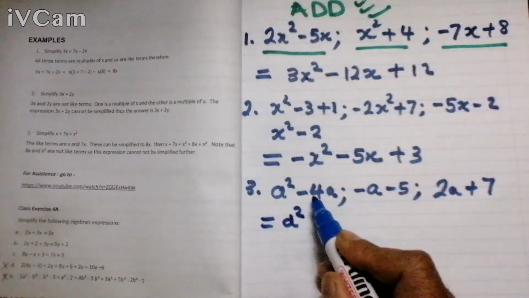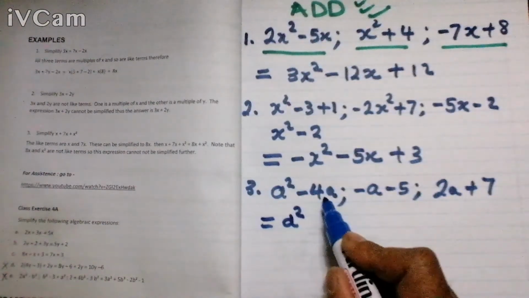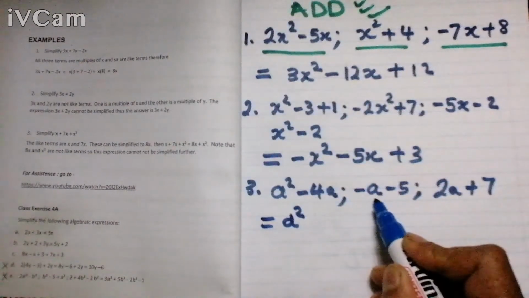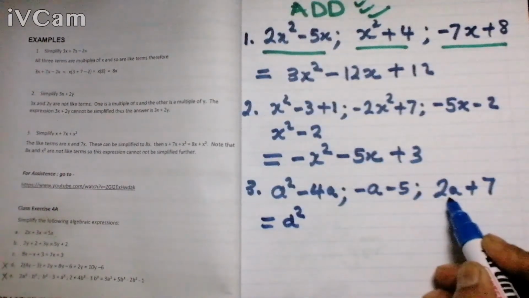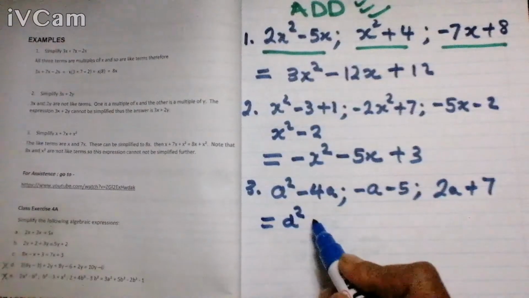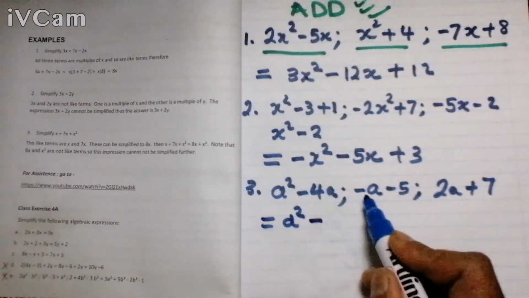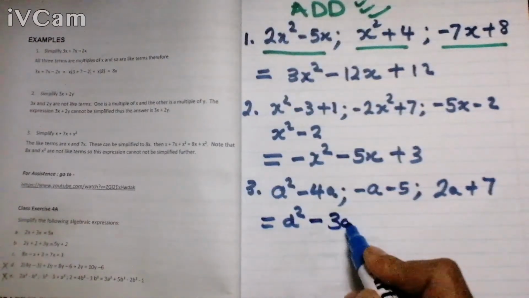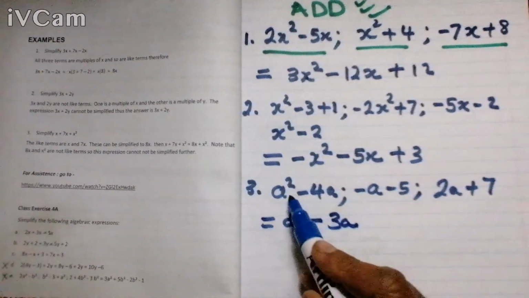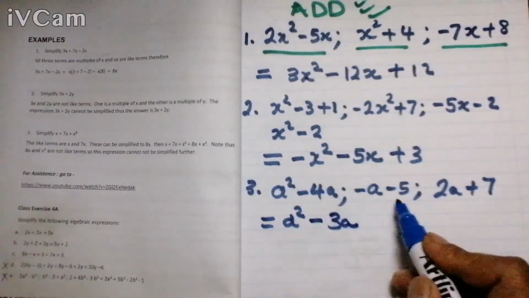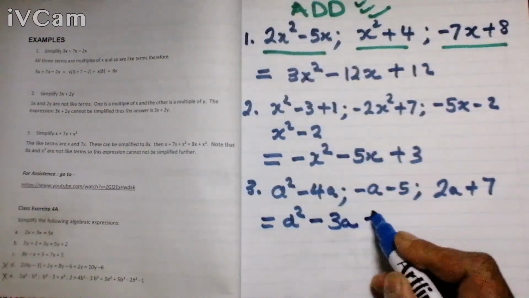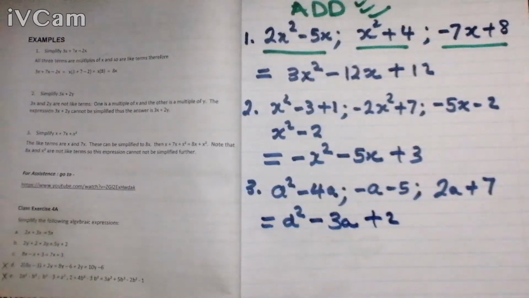If we go to the minus 4a, you got minus 4a there, and minus a is going to be minus 5a, and adding 2a to it is going to be minus 3a. And any numbers here? No. And number here is 5, minus 5, and plus 7 is plus 2. That was number 3.